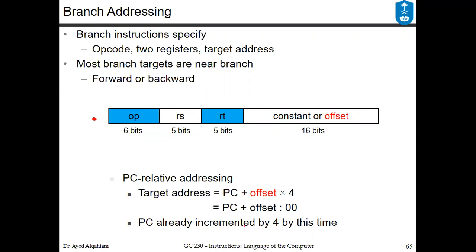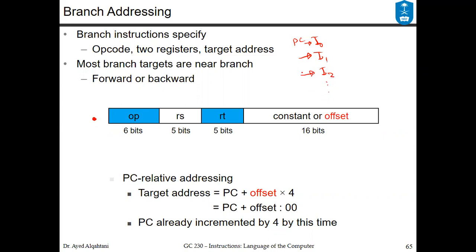The reason it's always incremented by 4 is that for any program, if you have instruction 0, followed by instruction 1, followed by instruction 2, and so on, you start the PC here. We know that every instruction is 32-bit. So you start the PC right here, and then you add 4, meaning that you are adding 4 bytes to go to the next instruction. And then add another 4 to go to the next instruction, and so on.